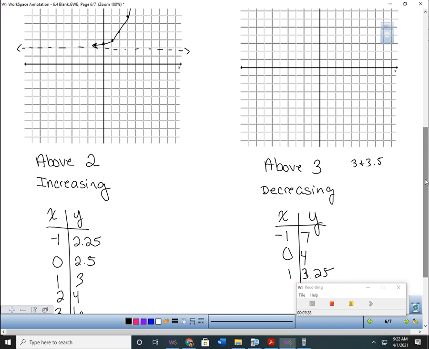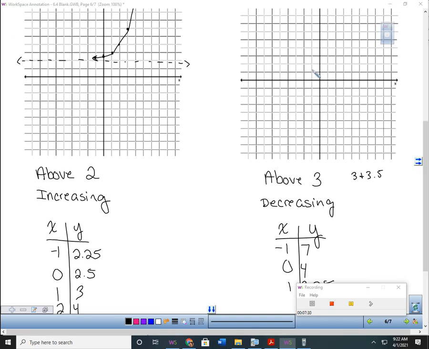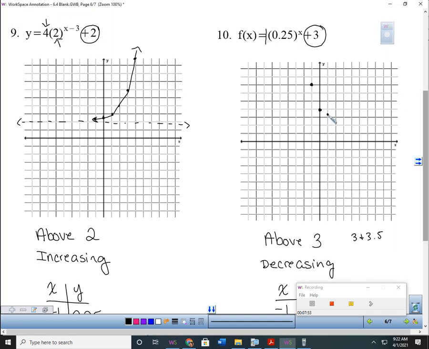So I'm going to plot those points, negative 1, 7, 0, 4, and 1, 3.25. So remember, 3 is what I'm approaching, so I'm not going to go past 3. So when I draw this in, I'm going to start with that 1 that's close to the 3. And I'm going to put my arrows on both ends.